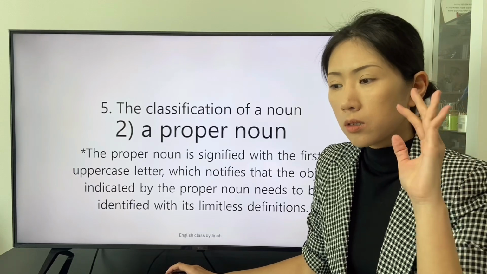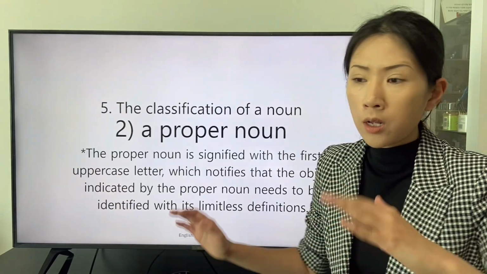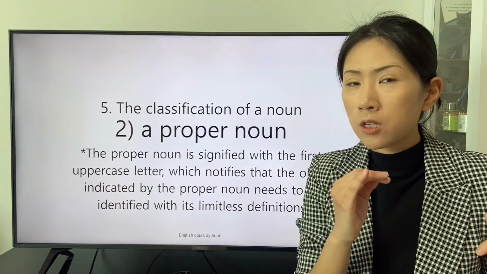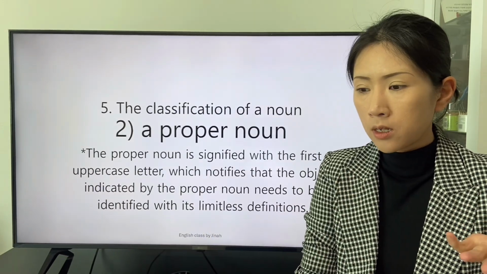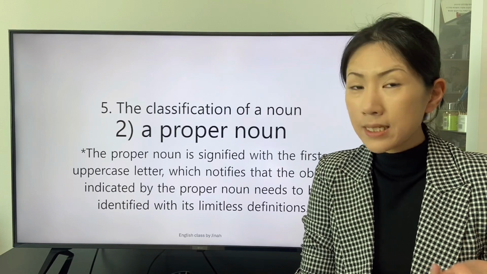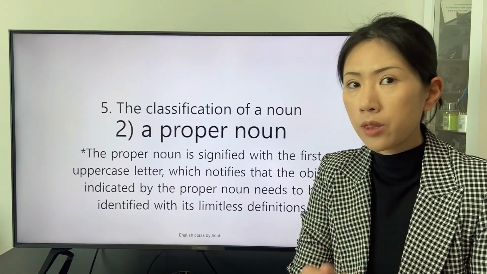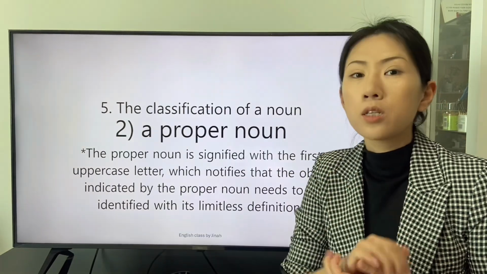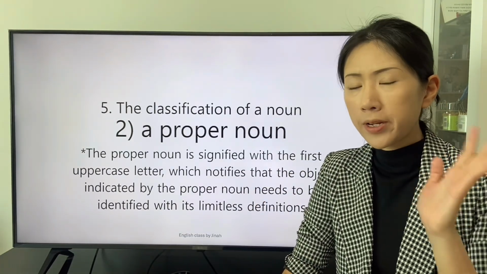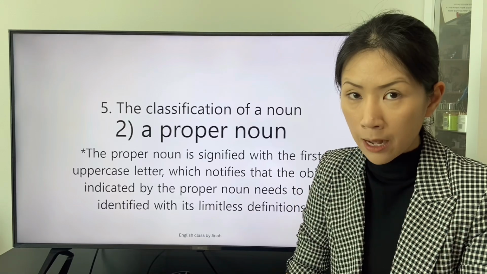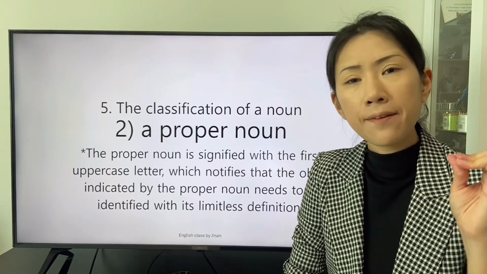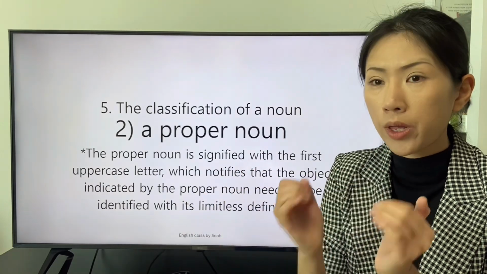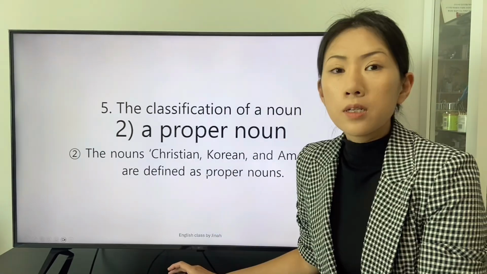So, in a written form of the language, the proper noun is signified with an uppercase letter. The first uppercase letter of the proper noun signifies that this noun has to be interpreted with the identity.